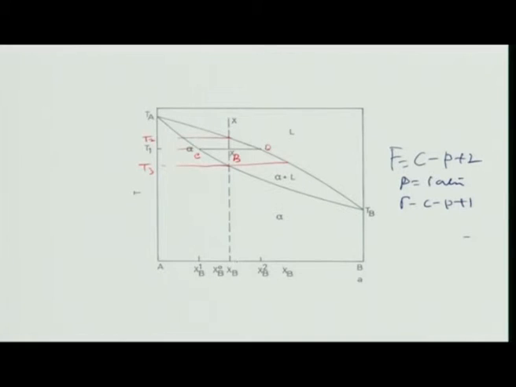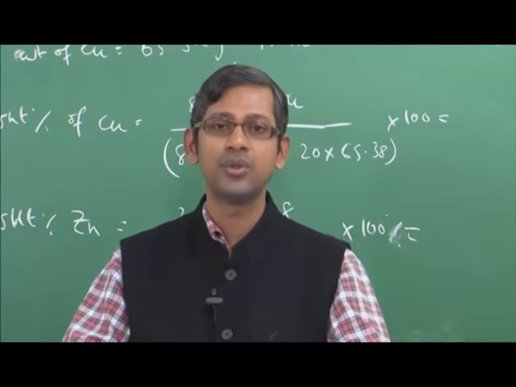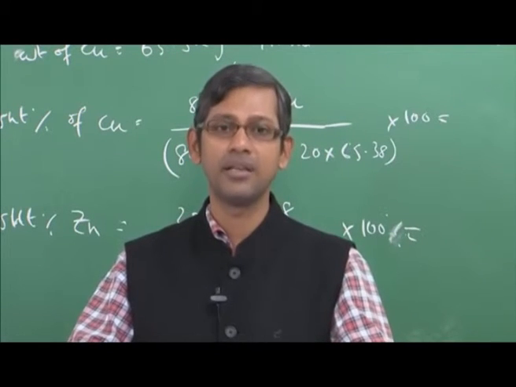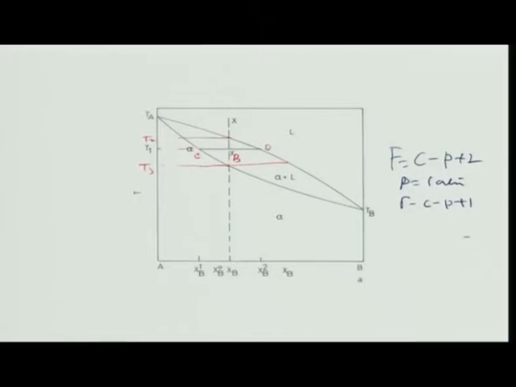All of you have used hand pumps. In hand pumps we use a lever to push and get water out, and the lever has a fulcrum. It is the same way. Let us assume CD is a lever with XB at the fulcrum. Then the volume fraction of alpha is given by XD divided by CD.